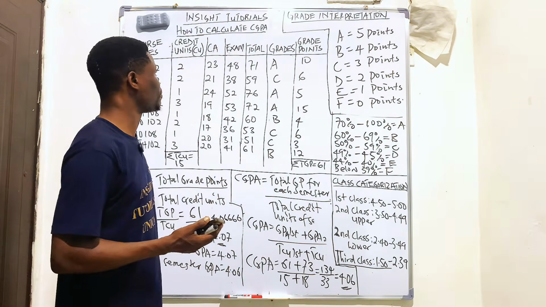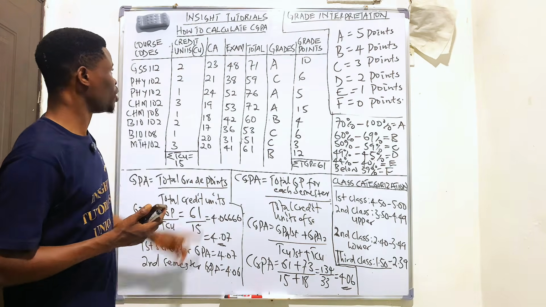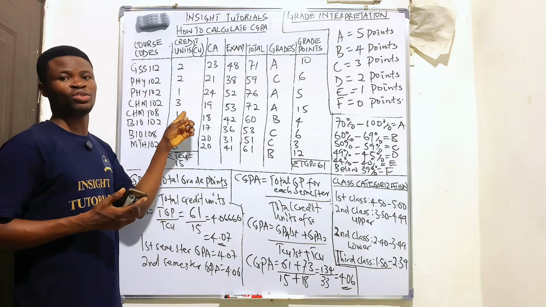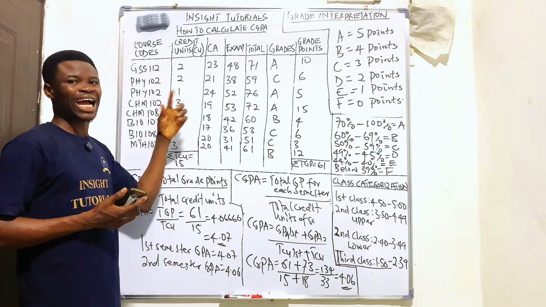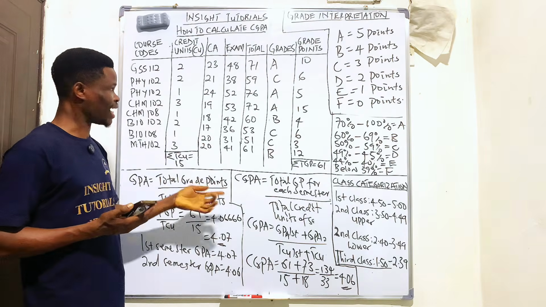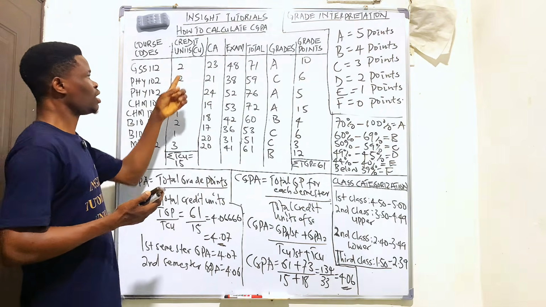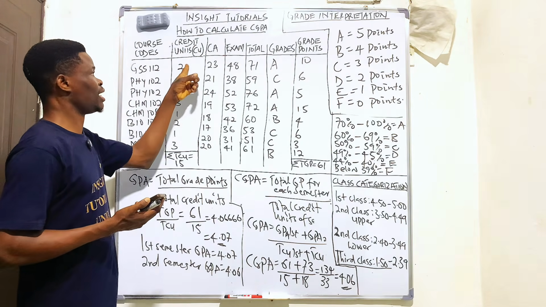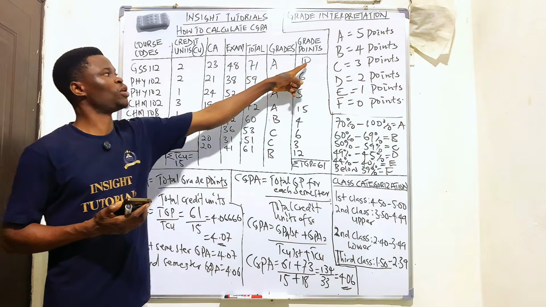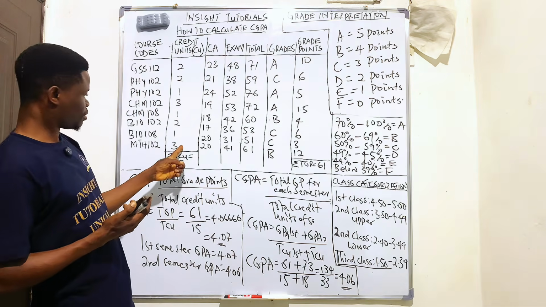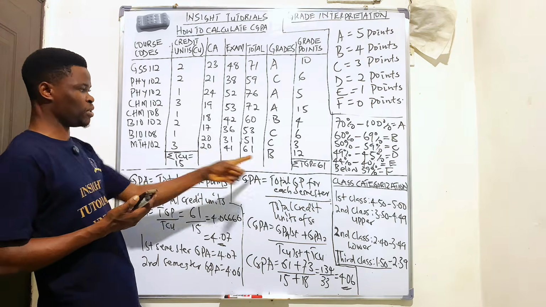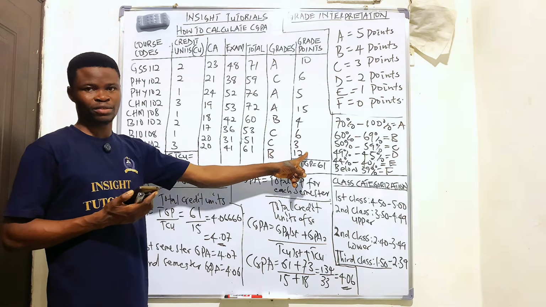And then lastly, and very importantly, what you need to know is not all credit units have the same grade points. A 3 credit unit has more grade points than a 2 credit unit. Just imagine a student that has A in a 2 credit unit has a grade point of 10. But a student that even has B in Math 102 is having 12 points.